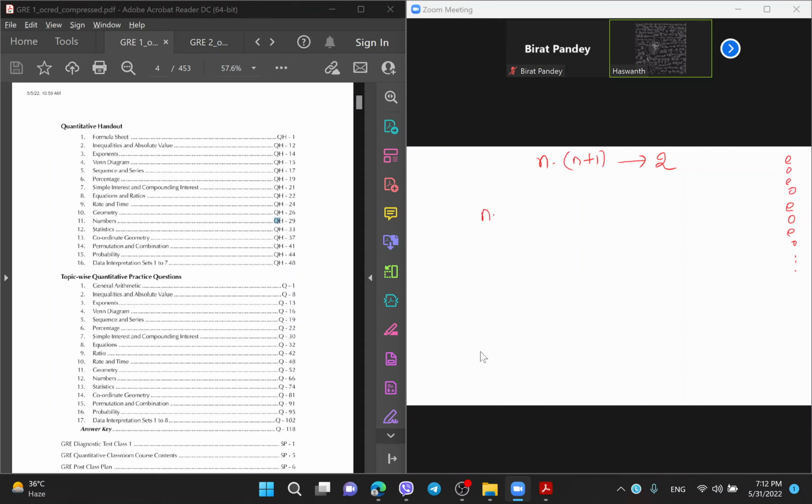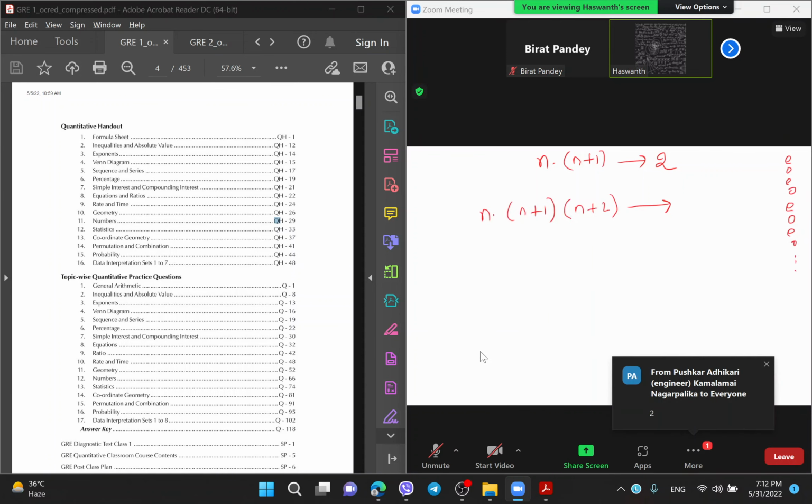What about product of three consecutive integers? n into n plus 1 into, let's say, n plus 2. I'm taking an increasing sequence. Product of three consecutive integers will always be divisible by which number? Yeah, 2 will definitely divide, because two consecutive integers are divisible by 2.